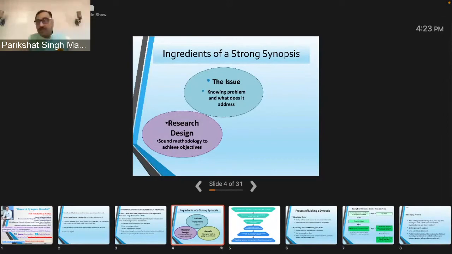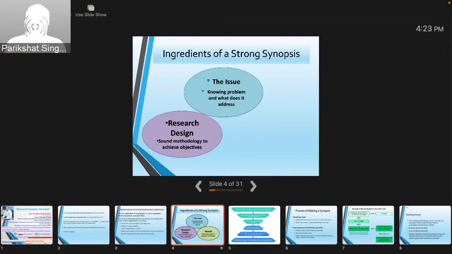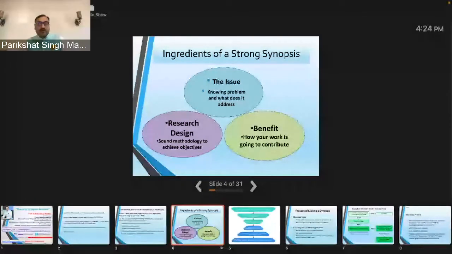And the last but not the least is the benefits that are going to be derived out of your research, and how your work is going to contribute to society. The three very important stakeholders are academia, industry, and society. Society also includes government. Nowadays, whatever research you are doing, how is it going to benefit the industry?